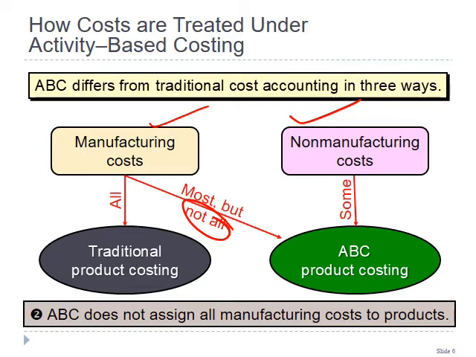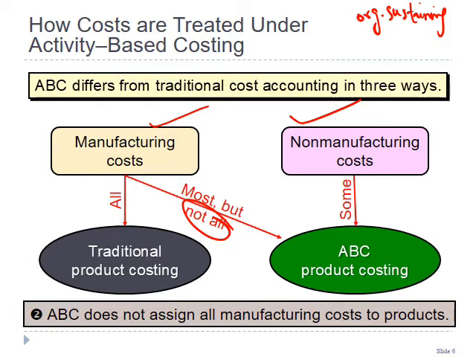But here, ABC excludes two types of cost from product cost. Number one is organization sustaining cost, which we will define in a couple of slides.